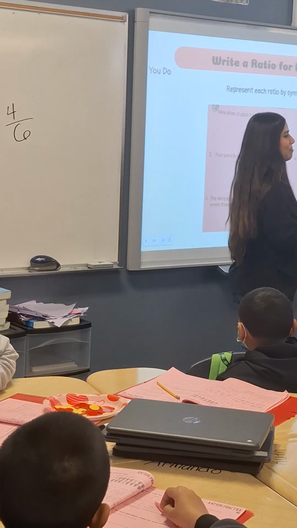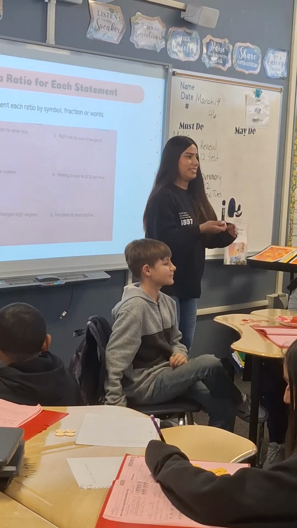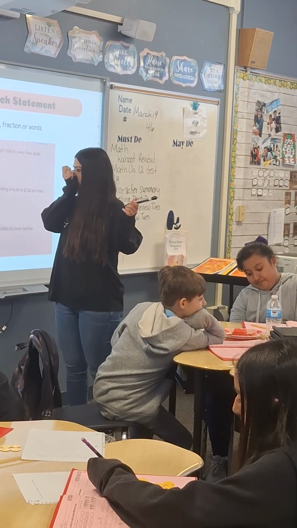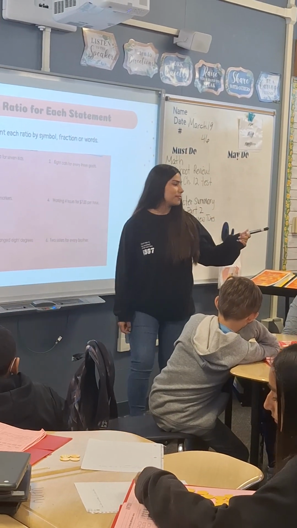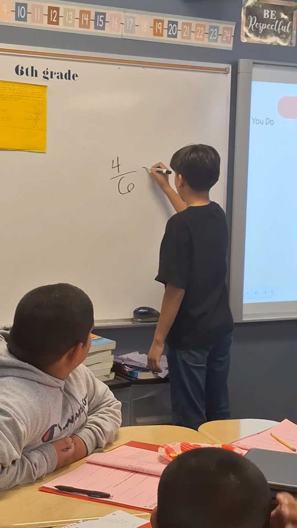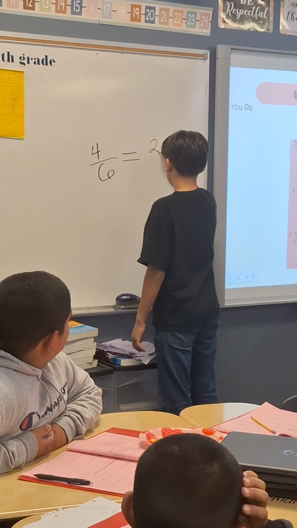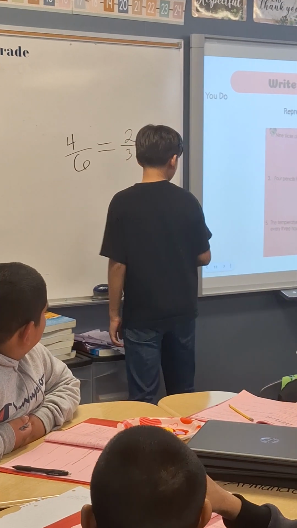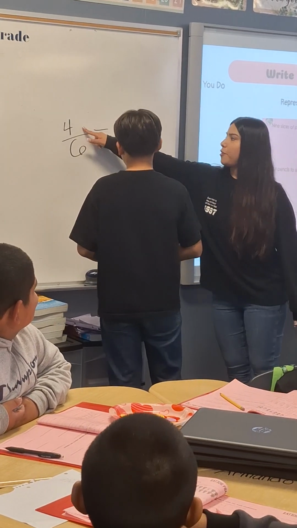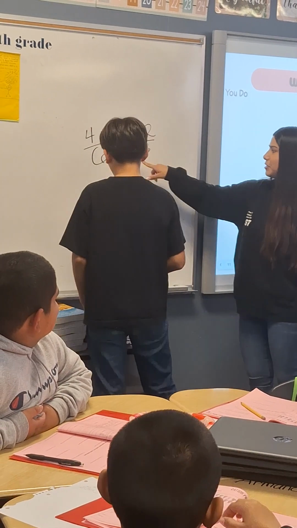So Angela, can you come in and simplify this? Owen, can you show us and explain to us how you went from 4 to 2 and 6 to 3?